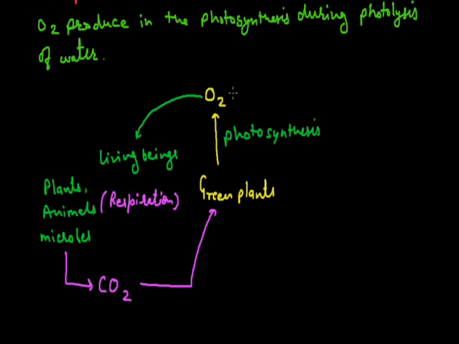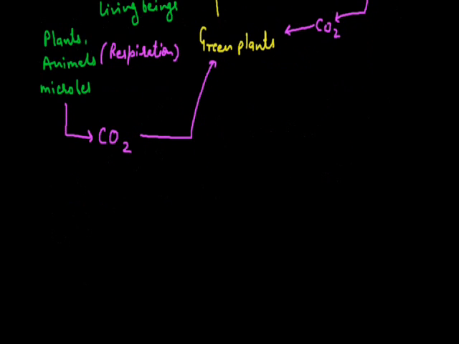This oxygen is also used in the burning of fossil fuel or fuel. During this burning, fuel also produces CO2 which is utilized by green plants during photosynthetic activities. So this is the oxygen cycle in which oxygen is recycled in nature.